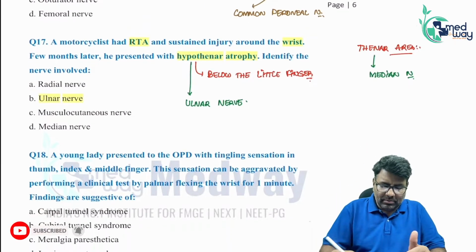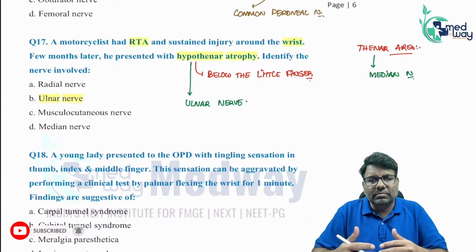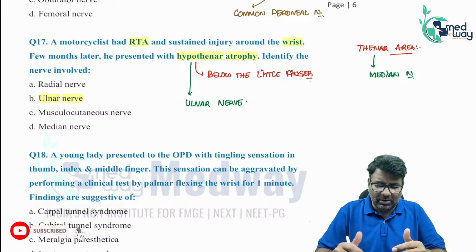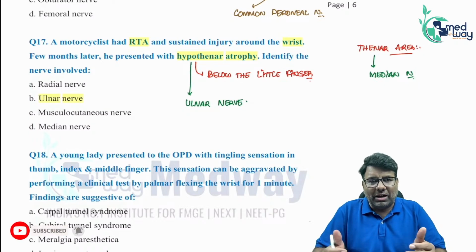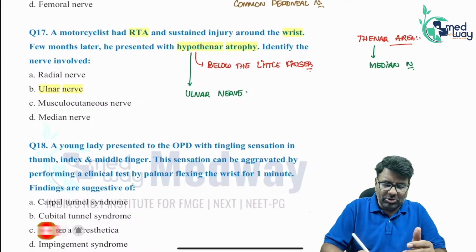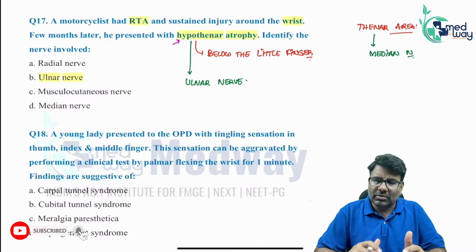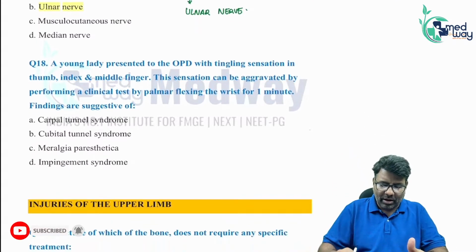Apart from this, there might be other findings as well. There will be hollowing of the space between the metacarpals, and there can be partial clawing also. So the moment you see the words hypothenar atrophy, go on to the ulnar nerve.